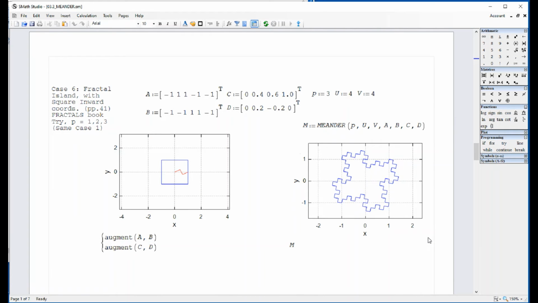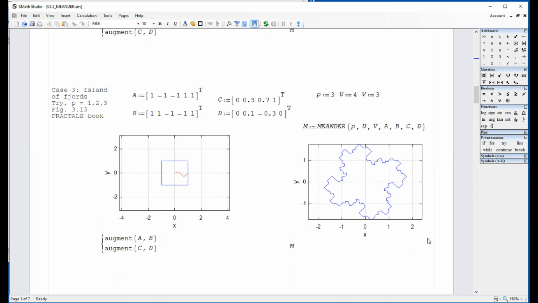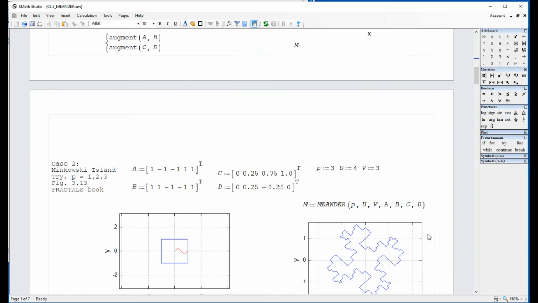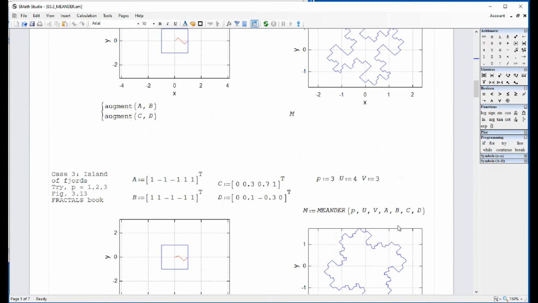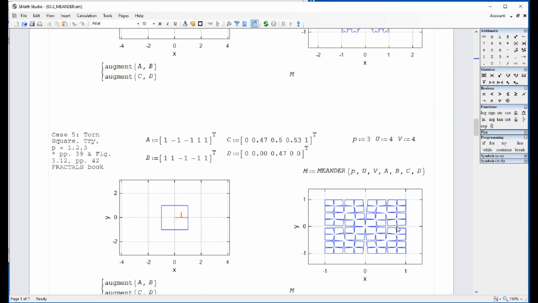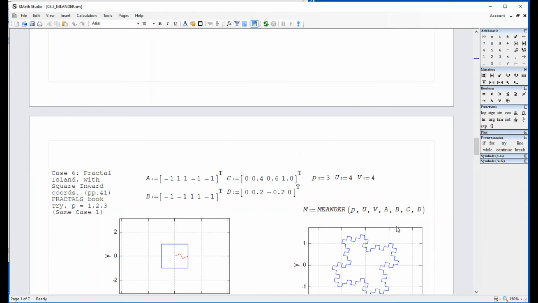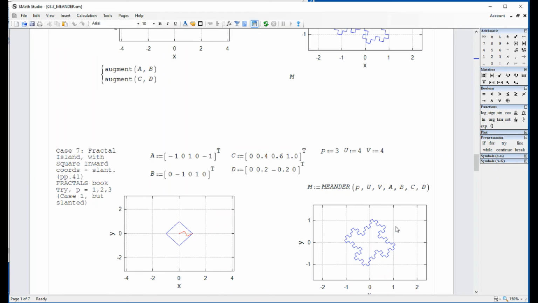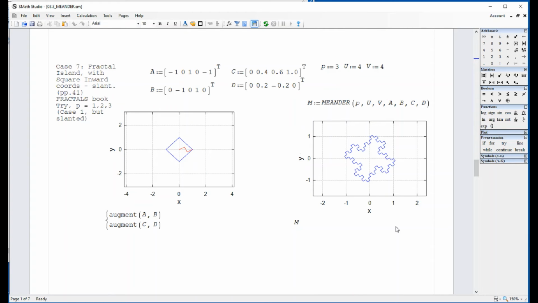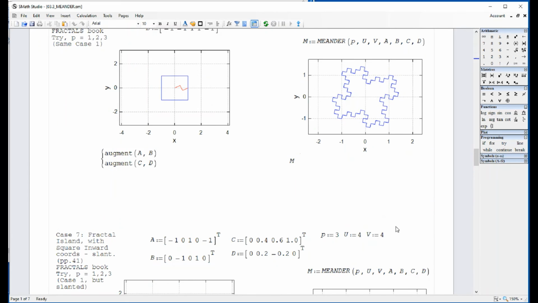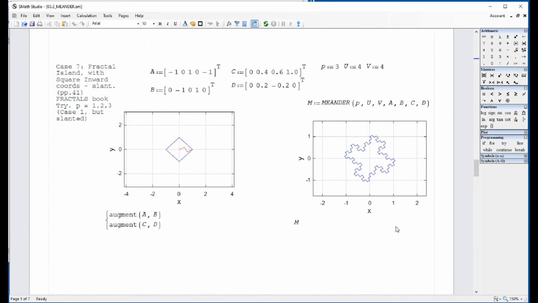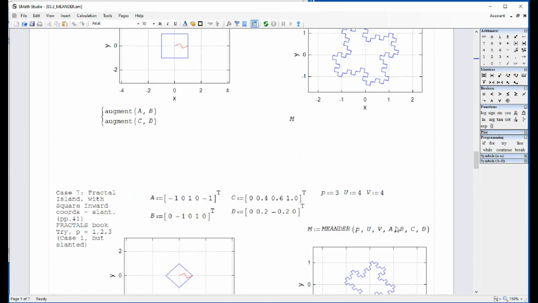This is very similar to the first case. This one, I think it's probably the same. Yeah, it's the same. And this one, we have twisted the direction of the baseline, and it produces a similar figure to this one, just at a smaller size.